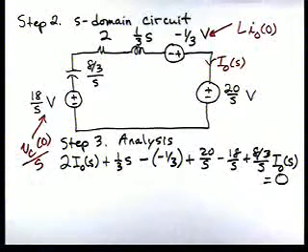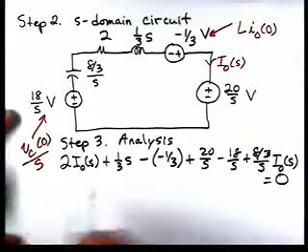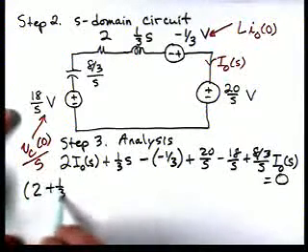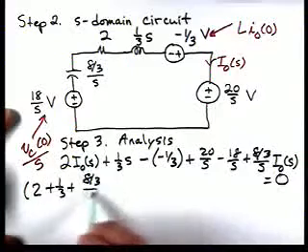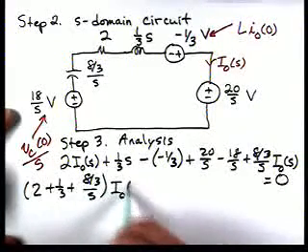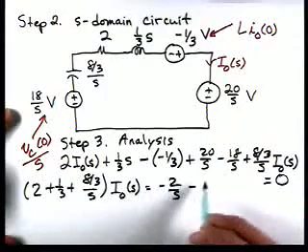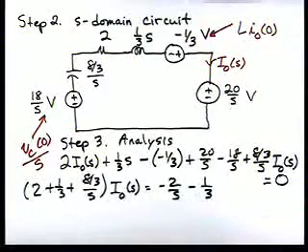And now let's start working on this. So we have 2 plus 1/3 plus 8/3 over S times I0 is minus 2 over S minus 1/3.